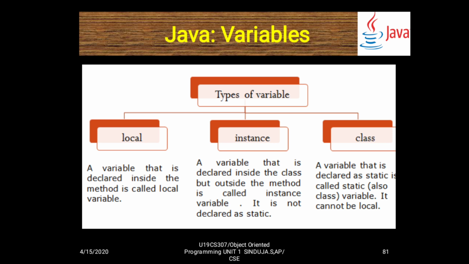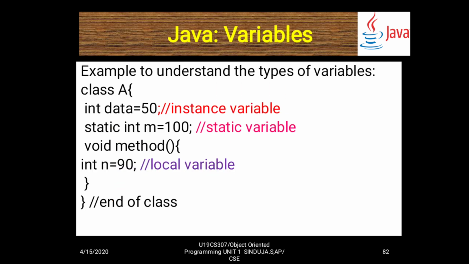Let me go through them one by one with an example, for your better clarity. This is a simple example to explain instance, static and local variables. Do you find this? Class A means a new class has been created and the name of the class is A. And what are the members of the class?